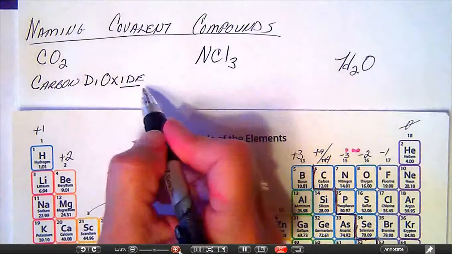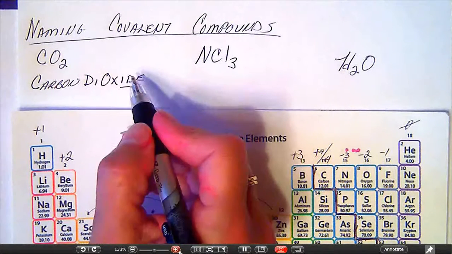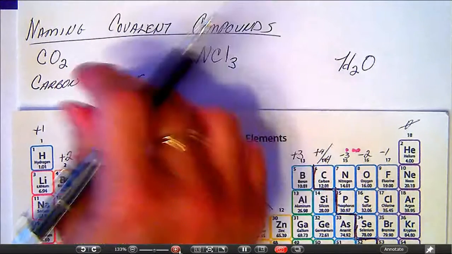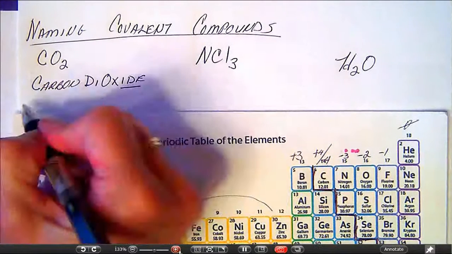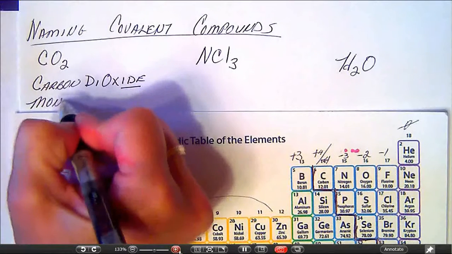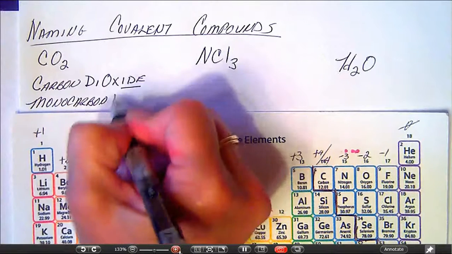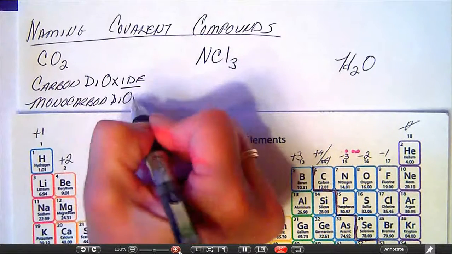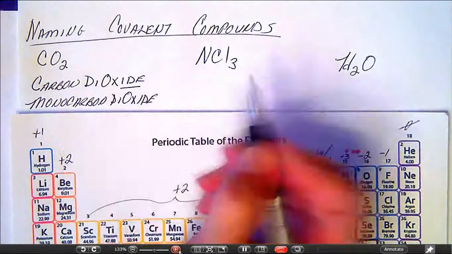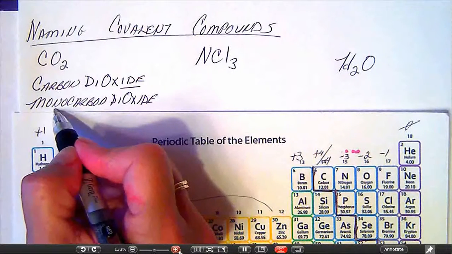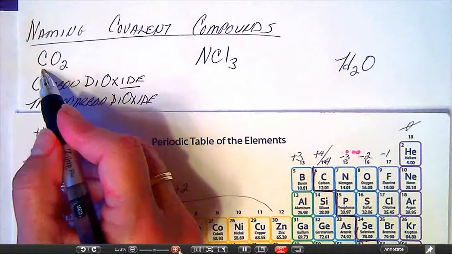This IDE is what tells you that you have a compound. If you want to be fancy, you can call it monocarbon dioxide. But mono isn't really necessary because you already know that you have one.